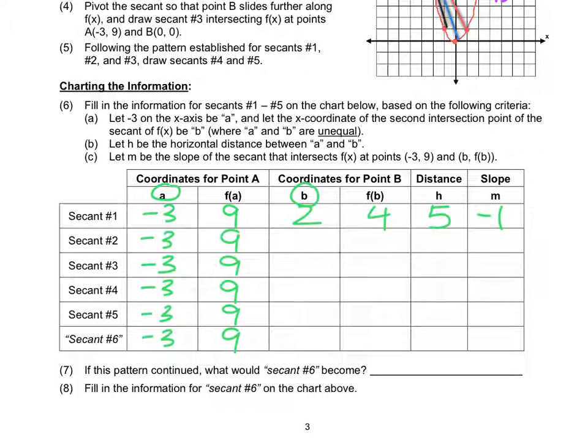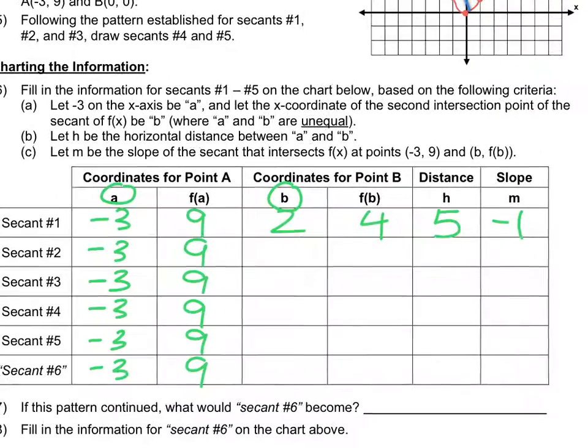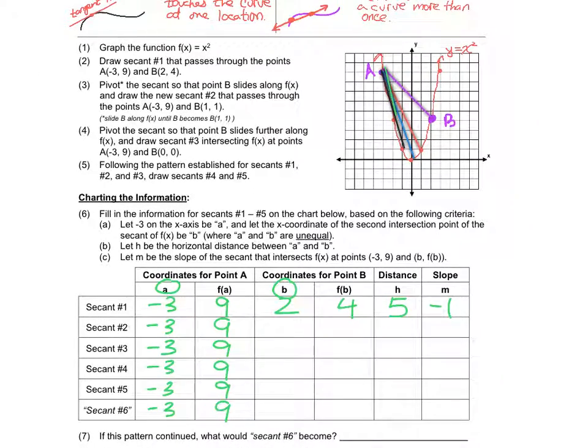So in terms of the completion of the table, the b value should have been easy because those are just the x values of all the coordinates as you get closer and closer to the a value. So the next one would be 1, then 0, and so on, right? But you notice a trend, right? So 1, 0, if you follow that trend, it seems to be decreasing by 1 every step of the way.